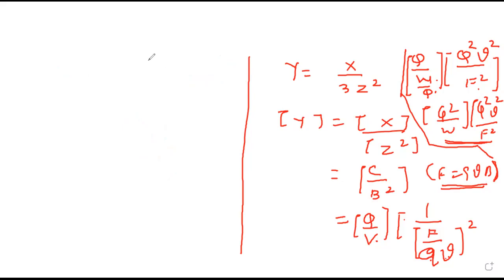We got Q square upon work, Q square velocity square upon F square. Is it visible properly, Trisha? Yes, sir. If you are done till that, please tell me. Yes, sir, done. Okay, Q means IT, so IT means A into T. Square means A square T square. And work is M1 L2 T minus 2.